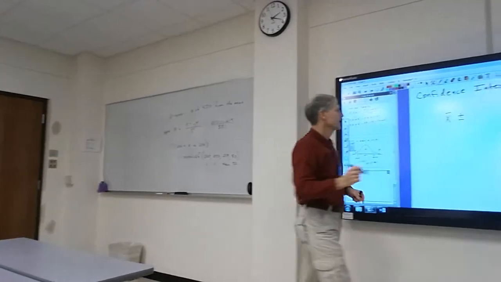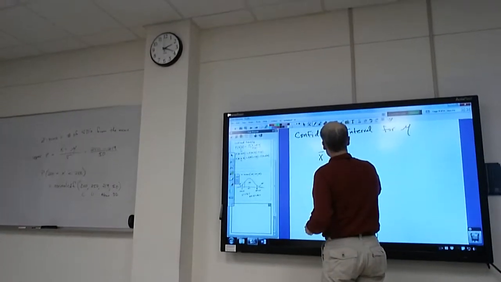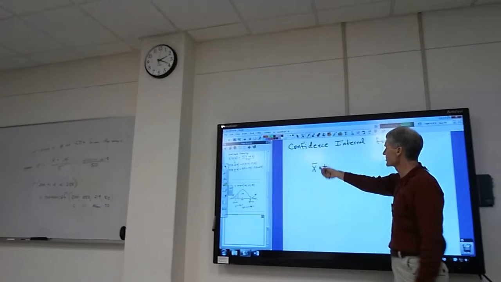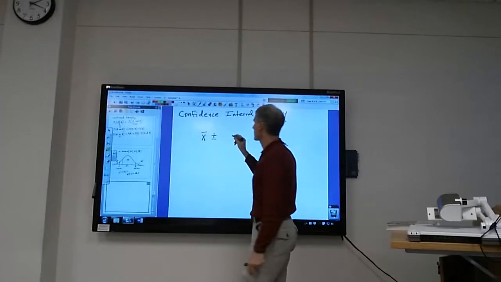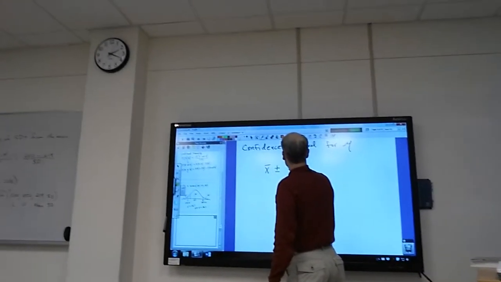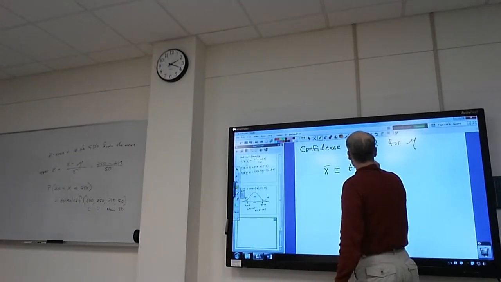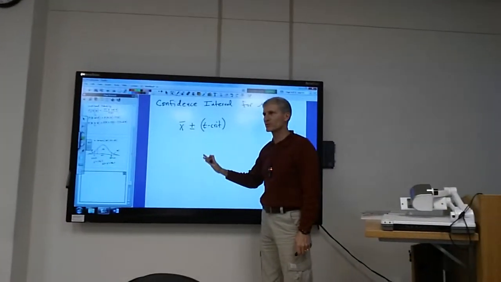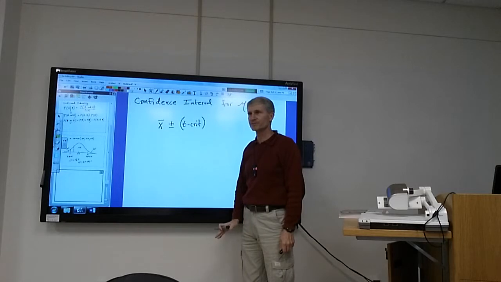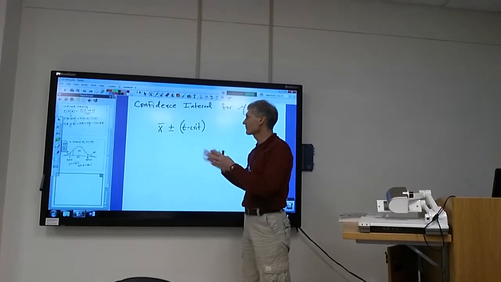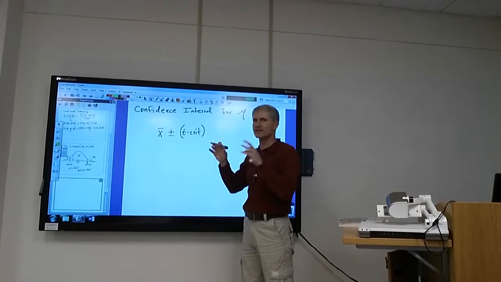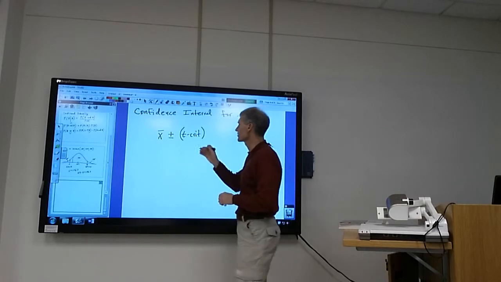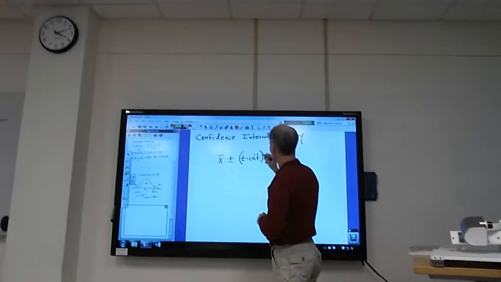So I'll just say critical value. Since I'm specific to a mean here, that would be a T critical value. Remember that for means, we use a T distribution. For proportions, we use a Z distribution. We'll flip back and forth between T's and Z's and chi-squares and things as we go through the semester, but this is review from before.